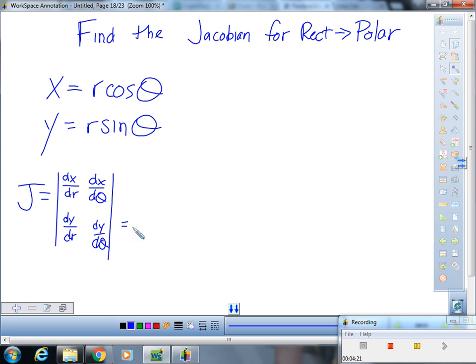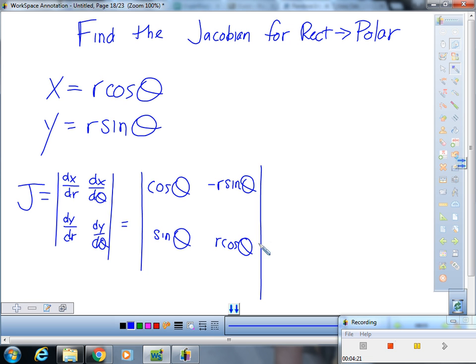So what is our dx dr? Now you've got to get your mind switched back to integration. It's cosine theta, and dx d theta is negative r sine theta, dy dr is sine theta, and dy d theta is positive r cosine theta.